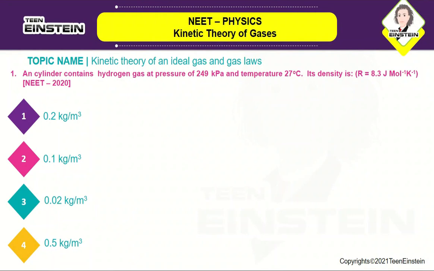A cylinder contains hydrogen gas at a pressure of 249 kilopascal and temperature 27 degrees Celsius. Its density is? So they are saying a cylinder contains hydrogen gas at a pressure of 249 kilopascal and the temperature is around 27 degrees Celsius. What is its density?